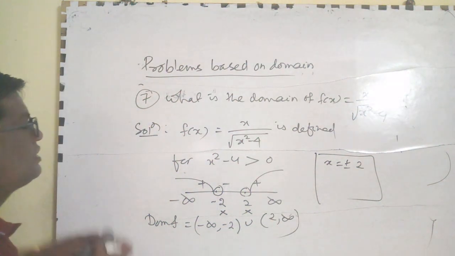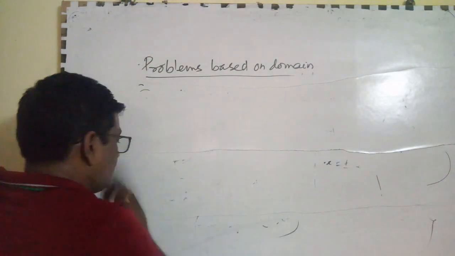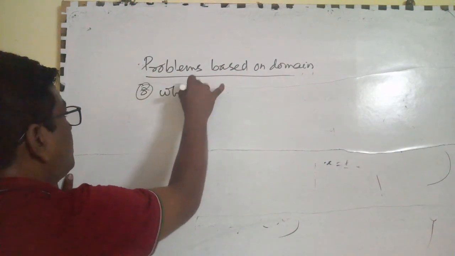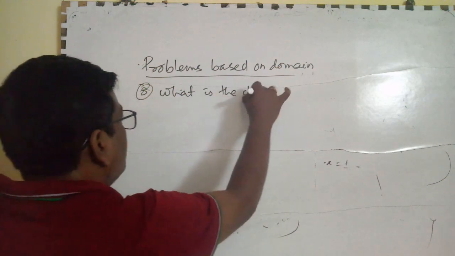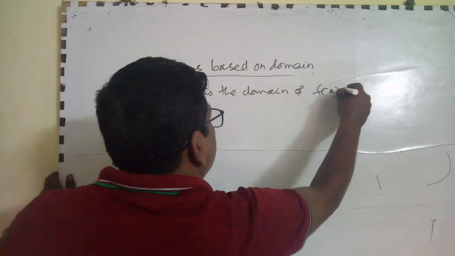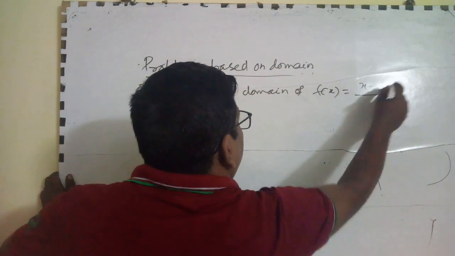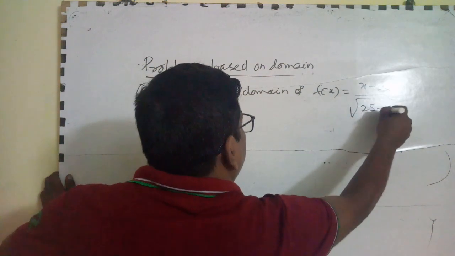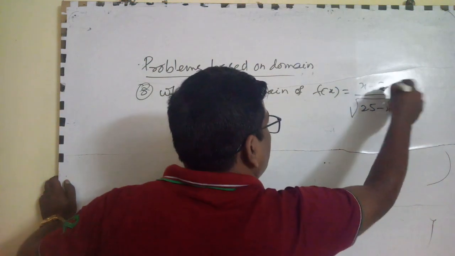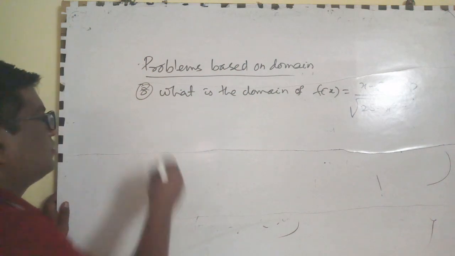Then question number 8. What is the domain of f of x is equal to x minus 2 divided by root over 25 minus x square?